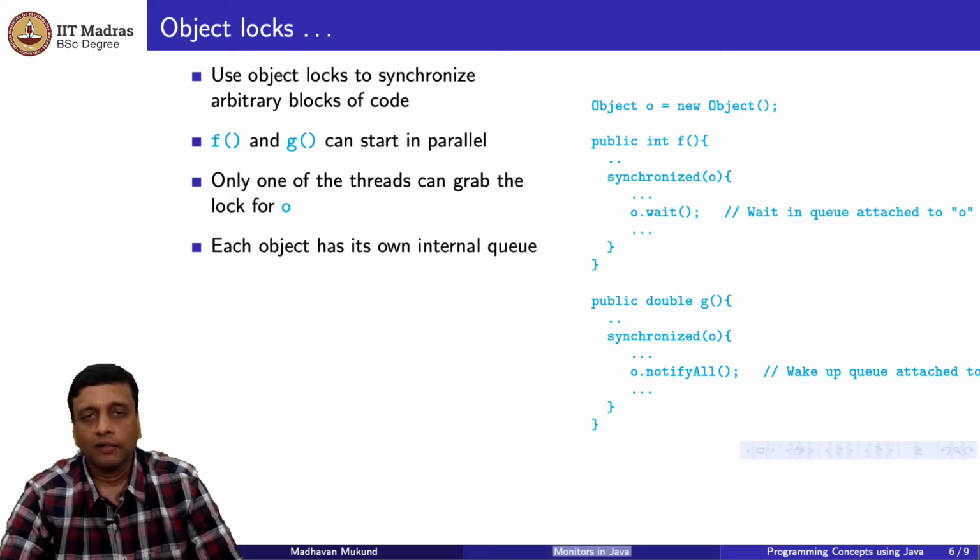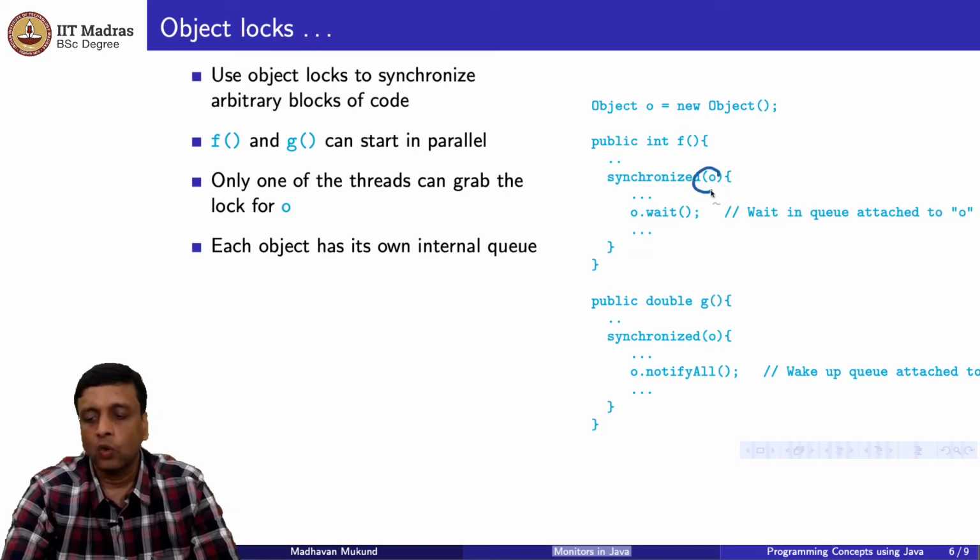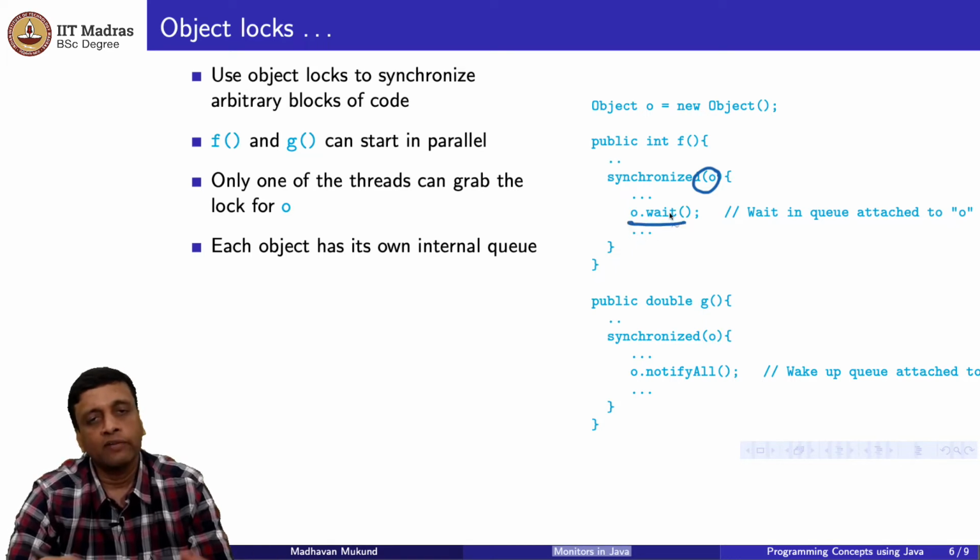Just like when we defined a normal class with a synchronized method, anything that cannot get into the synchronized method is implicitly waiting in the queue associated with that object. Similarly here, when I'm using an external object O, it also has this queue for synchronized, but it also has an internal queue. So I can say that I want to give up O because I'm waiting for something useful to happen and I want to be notified.